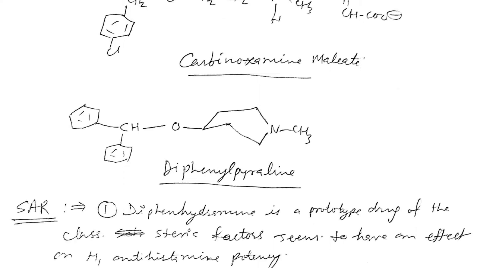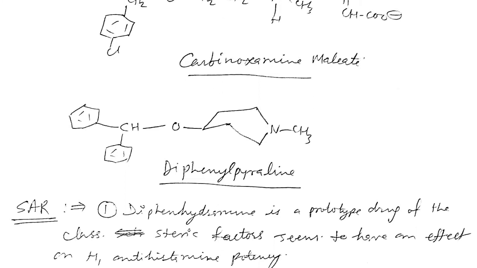diphenylpyraline. Diphenylpyraline, again, look at its pyrrolidine nucleus. A methyl pyrrolidine nucleus is present there, and the diphenyl group is on the carbon. So it's an ether, and the amino group is present in a cyclic ring.